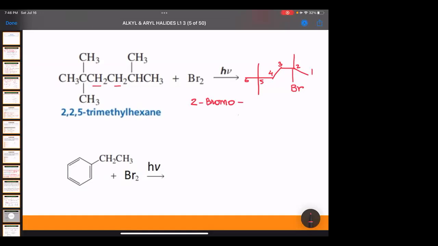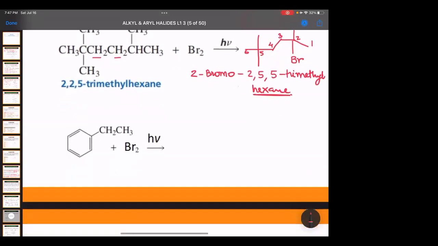If the substituents are same, you need to look at the alphabetical sequence. Clear? Yes, sir.